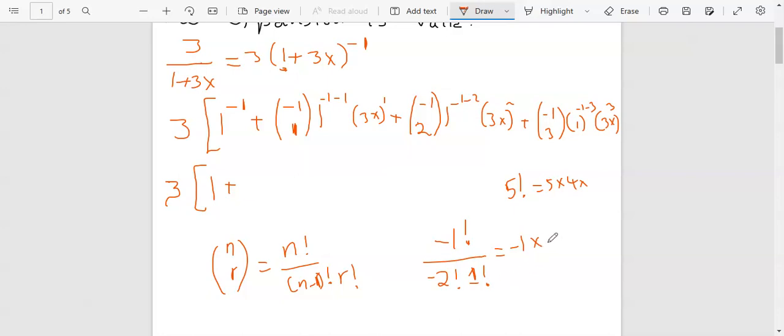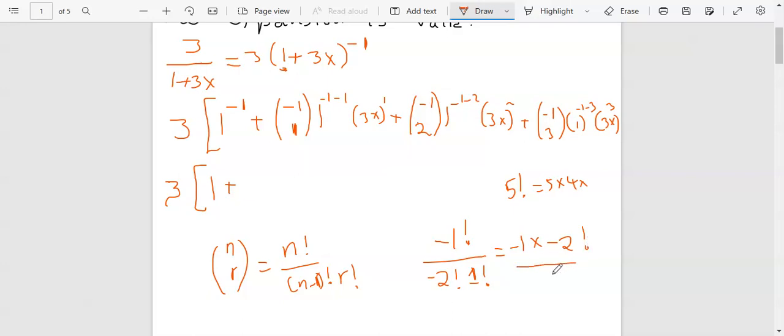Negative 2. Okay, again negative 2 minus 1, negative 3. Negative 3 minus 1, negative 4. So continue multiplying by those numbers. Now you see that the numbers are not going to end. So since I've got a negative 2 down, I'll just end at negative 2 and put a factorial, okay?